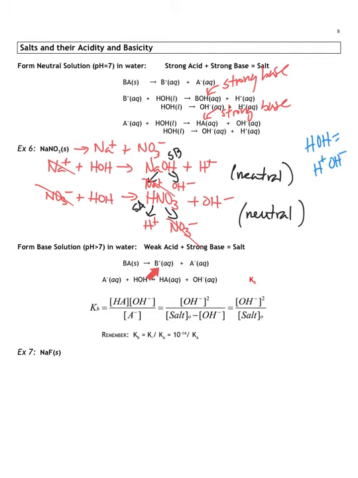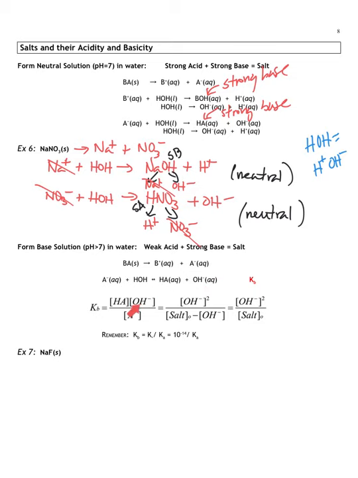Once again, I'm going to take my salt and ionize it into the two ions, cation and anion. But then I'm going to see that the anion will hydrolyze in water, so it reacts with water to produce a basic solution, and a weak acid.